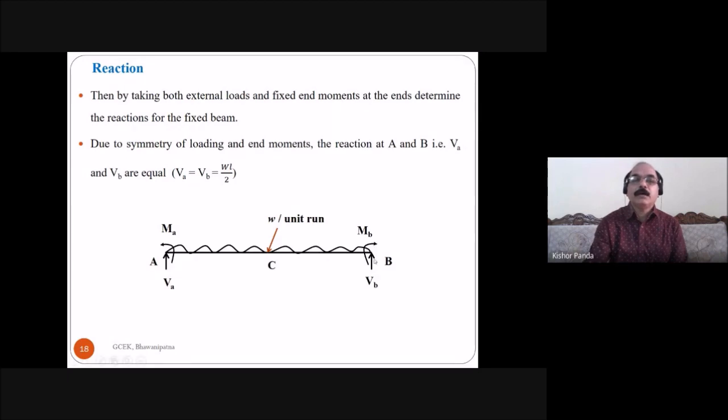So the moment here is VB into x anti-clockwise, and due to this load the moment is clockwise, and this is the fixed end moment, which is clockwise. So VB into x, minus W into x by 2, minus the moment M.